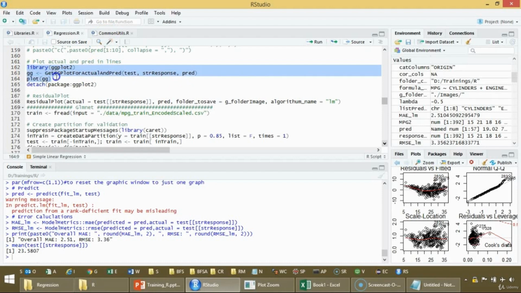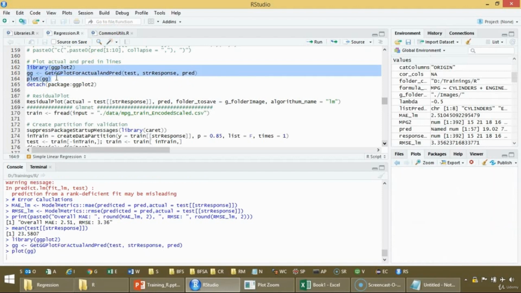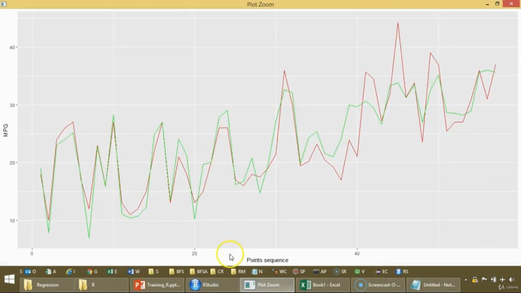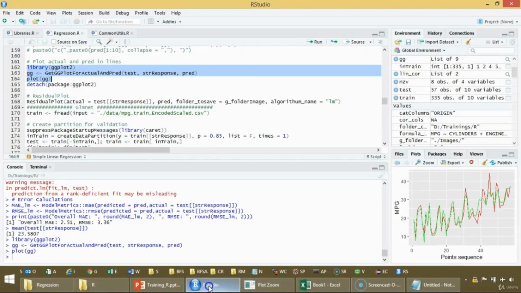We are running lines 152 to 154 in one go, and yes, it takes time. Okay, good, looking good. But actually, if you see, it's not that good, but it's okay. Now we can detach it.